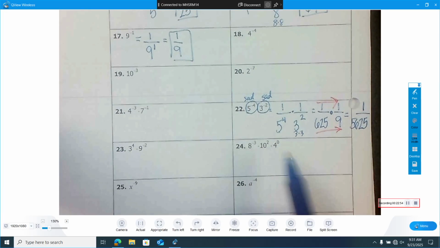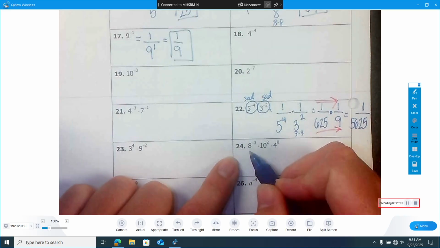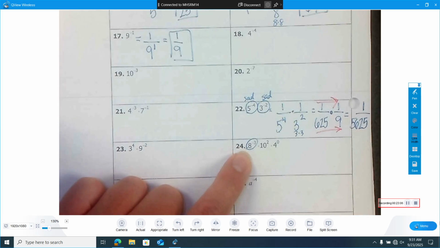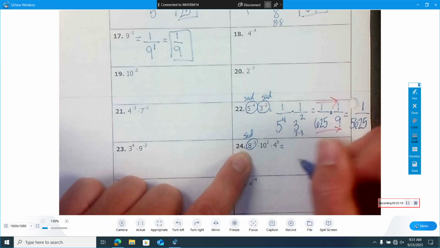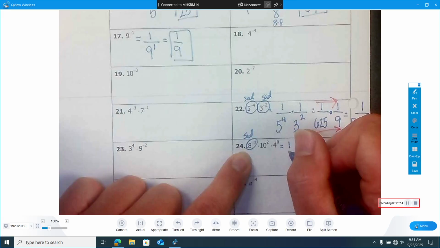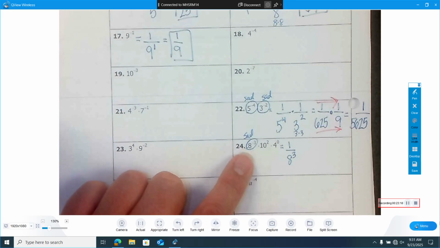All right, let's look at 24. I have 8 to the negative 3. Happy or sad? Sad. So that one wants to go downstairs. So what does it turn into? 1 over 8 to the happy 3rd power.